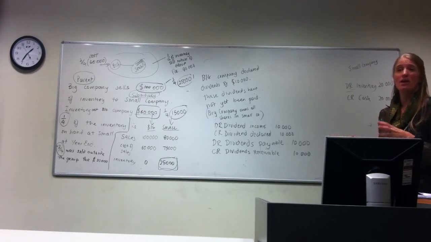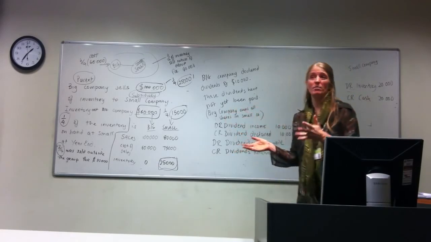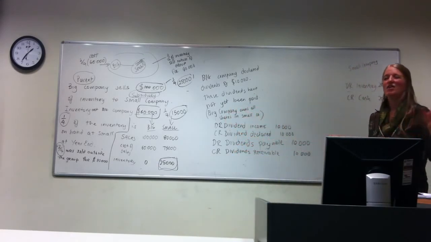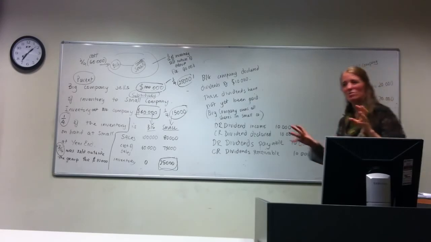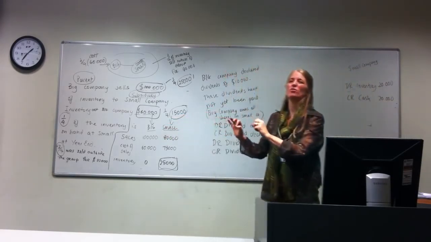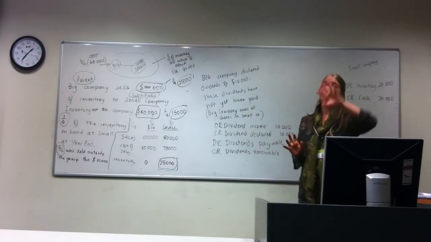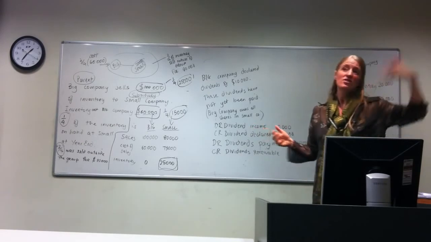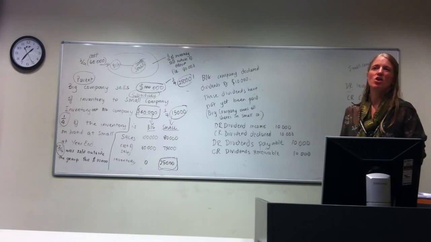Remember, unless we're told that small company does actually own shares in big company, those dividends that big company pays are going to go somewhere else. They're going to go to the shareholders. In this case, big company owns the shares in small company, so dividends paid by small company go to big company. But if big company pays dividends, they're just going outside of the group. Obviously, unless told otherwise, small company doesn't have any shares in big company.